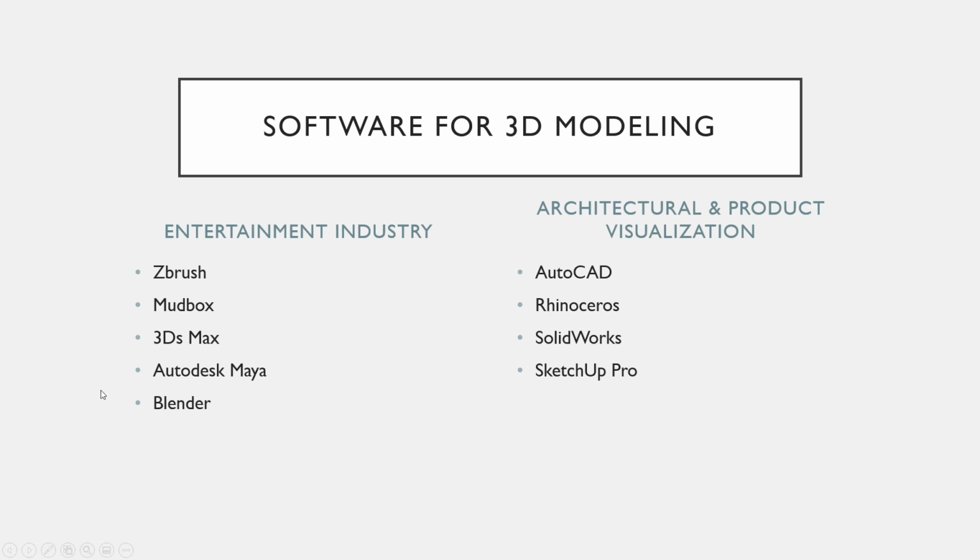ZBrush, for instance, is a digital sculpting tool suitable for creating high-resolution 3D models used in movies or 3D animations. So it focuses more on 3D sculpting. Also, Mudbox is kind of the same as ZBrush.